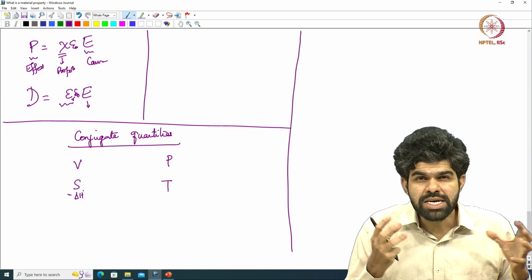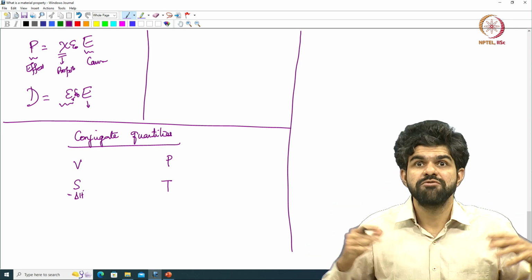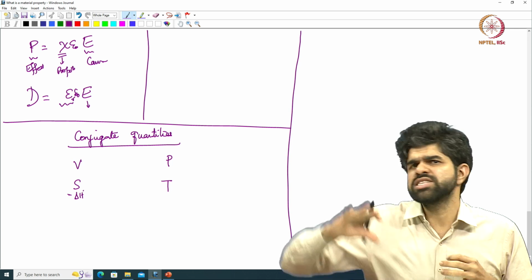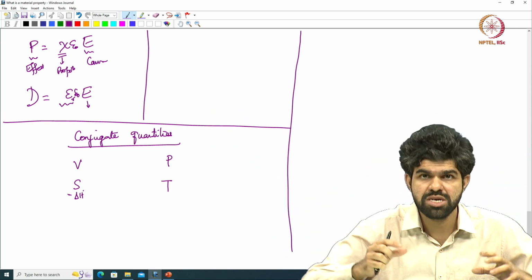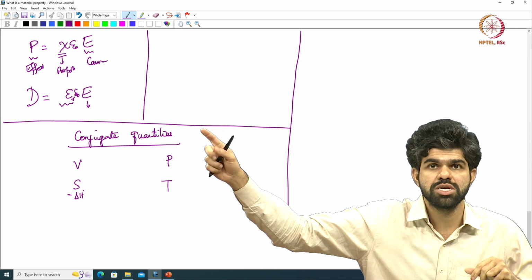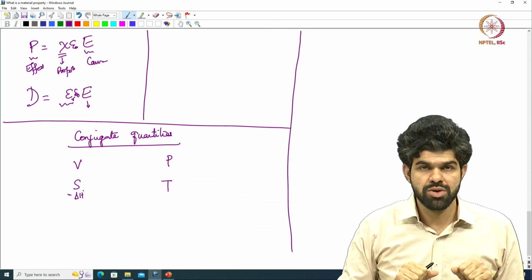So, they are intrinsically related to each other. If I apply pressure, of course, the volume should change, unless I do something else, right. But the basic idea is that if I change pressure, the quantity that will change for sure is volume, right. Unless I do some jugaad and try to not change the volume.